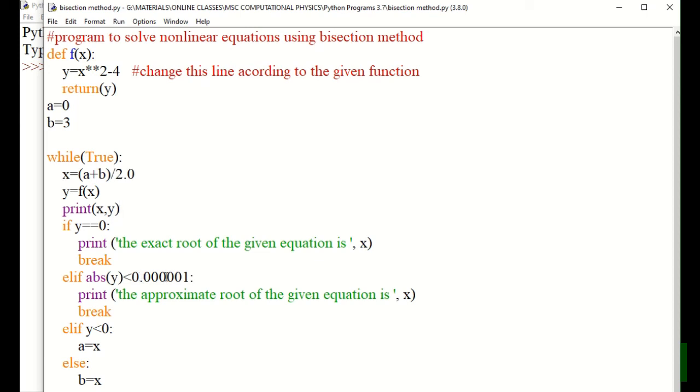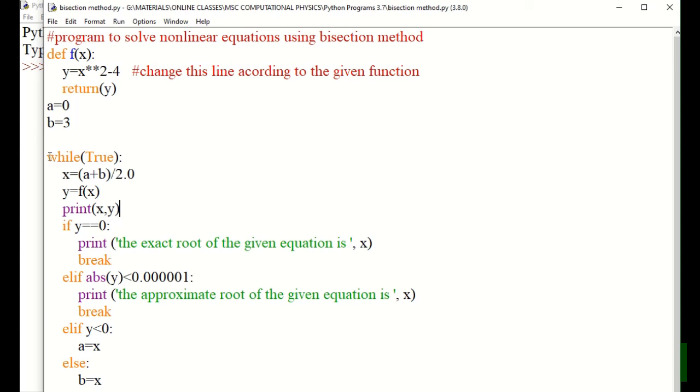Your f of x is much closer to 0, and you can decide how much closer to 0. So let me choose this much closeness. If your f of x is this much closer to 0, you can stop the iteration and give the result as the approximate root of the given equation as x. If these are the cases, you can stop the iteration and exit the loop.